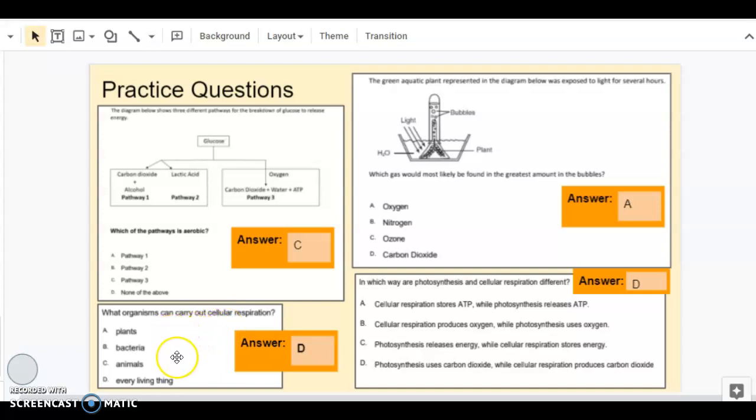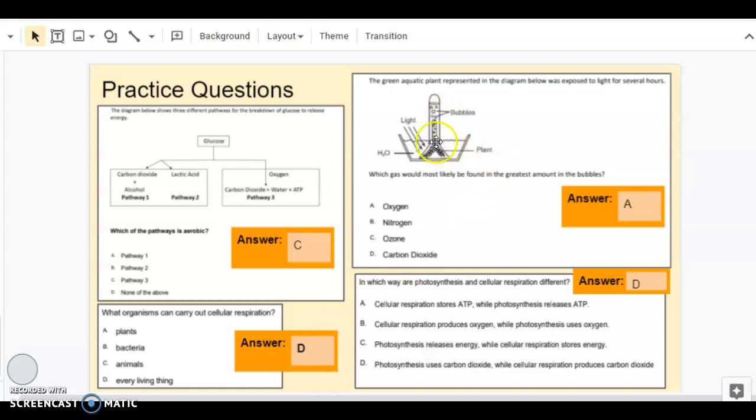And all organisms can do that, even bacteria, which don't have mitochondria. But they can use parts of their cell membrane to act just like the folded inner membrane and use enzymes there to do cellular respiration. So every living thing can do some sort of cellular respiration to create the ATP the cell needs.